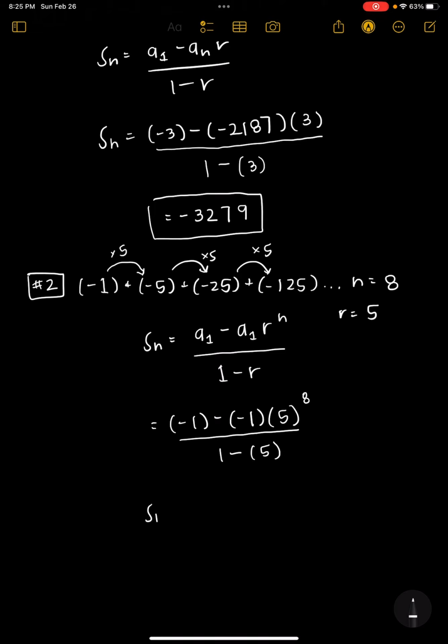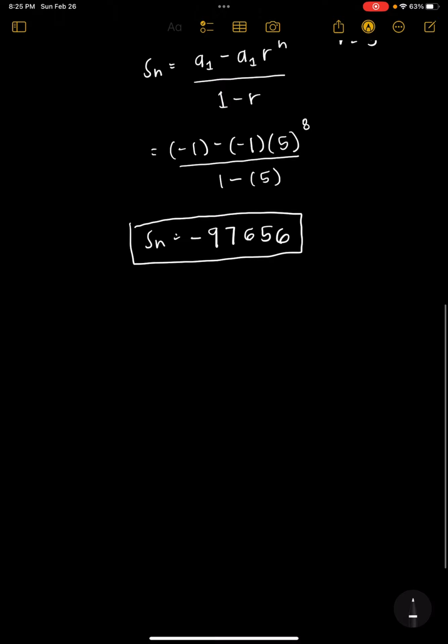Now we can plug that into a calculator, which gives us negative 97,656. And once again, that's if I wrote down all 8 numbers and then added them all together. This is just the faster way to do it.